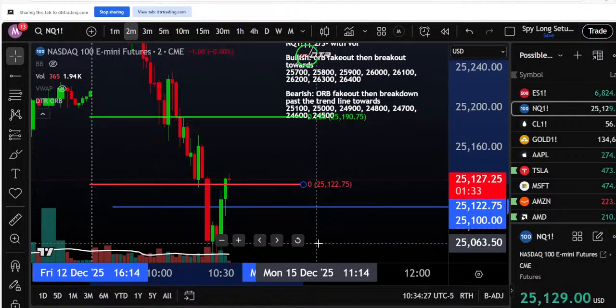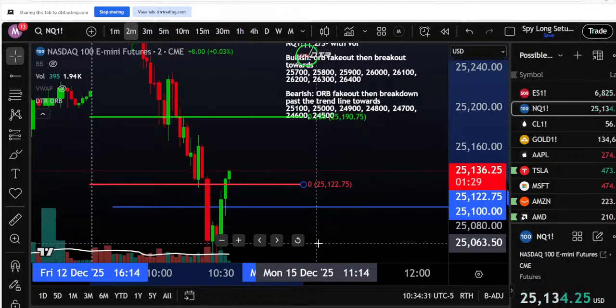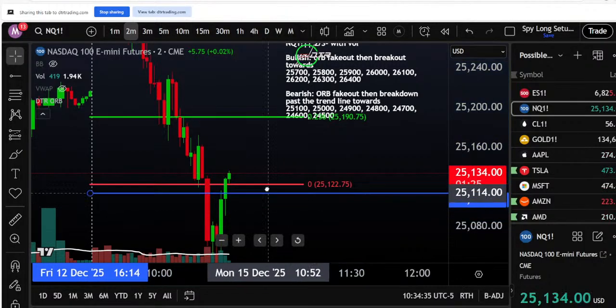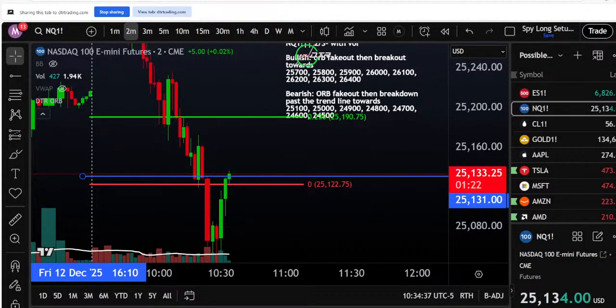Okay, you're looking at a 122 stop loss, guys. 122. The reference price will be about there. And so we can get a gentle pullback here.